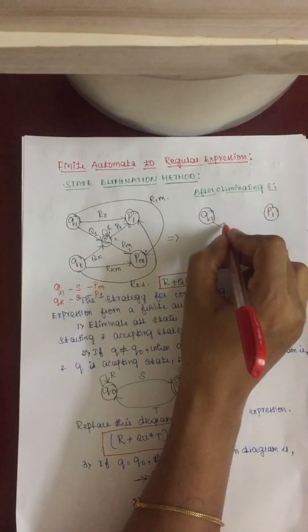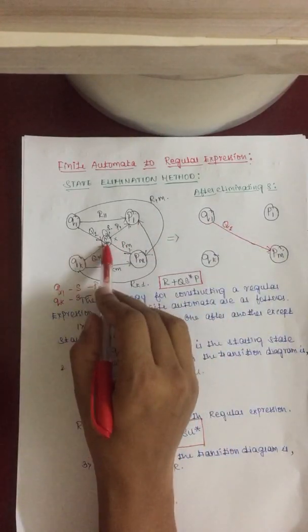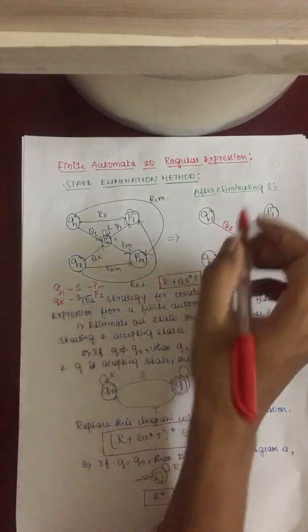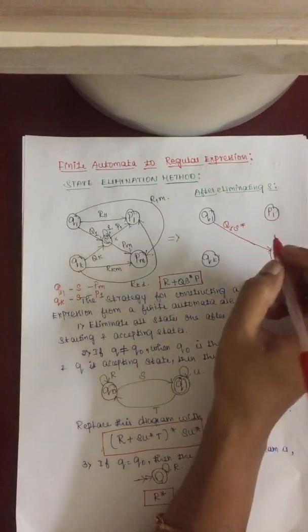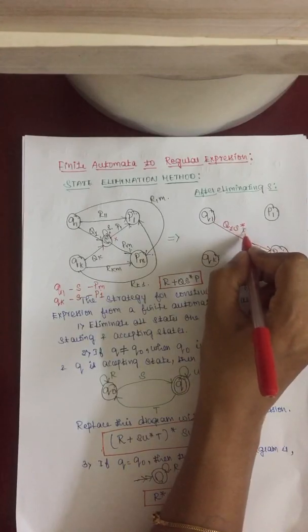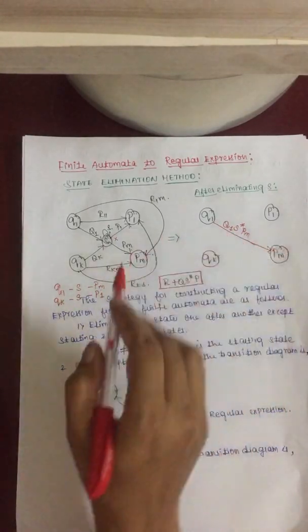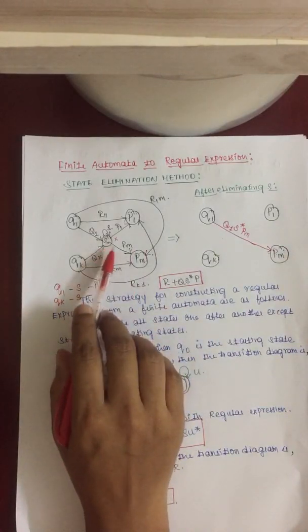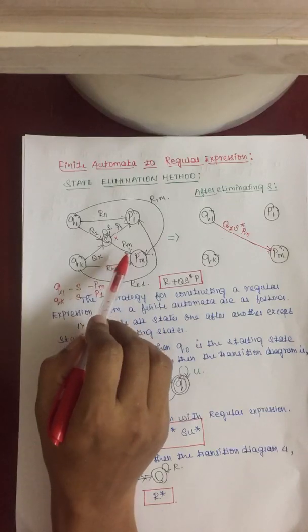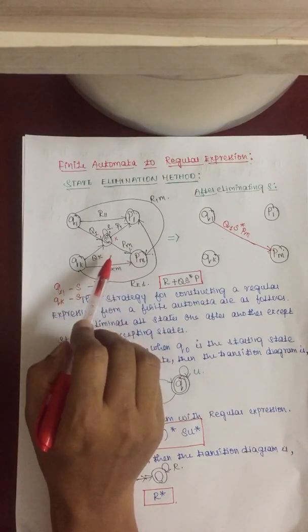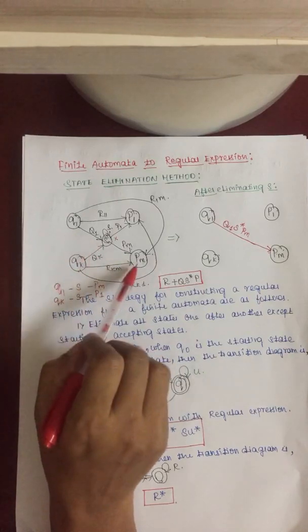So shall we write it like this? Q1 is the incoming transition for the state which we have eliminated, S star is the self loop of the eliminated state, and PM is the outgoing transition from the eliminated state. So Q1, S star and PM. Also check whether there is any other path existing to reach from the state Q1 to PM.